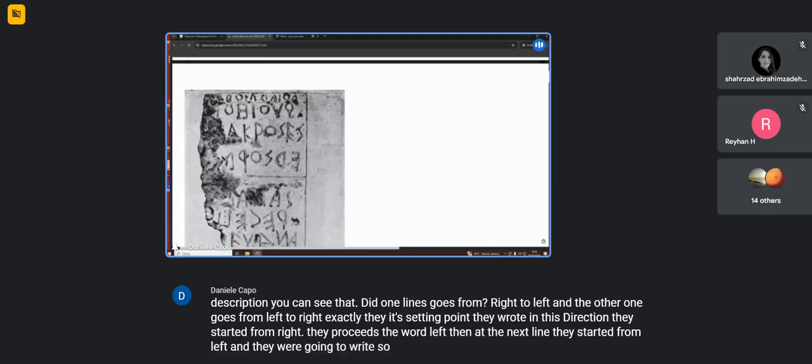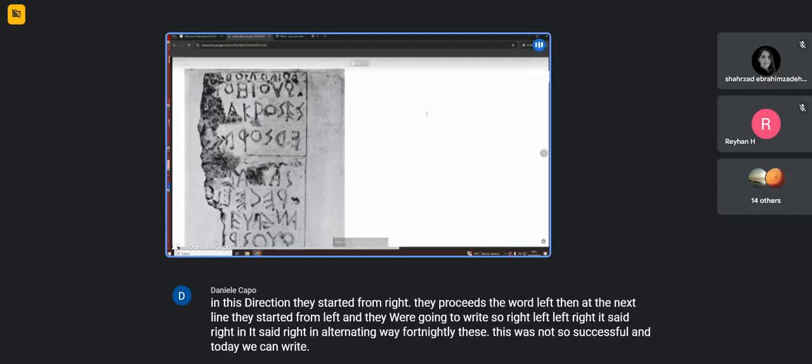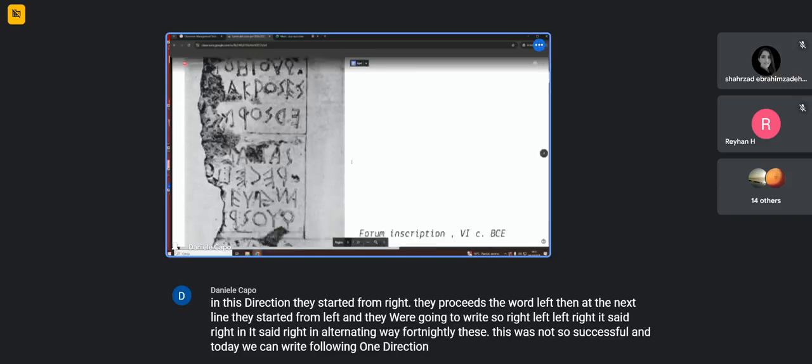So right, left, left, right, in an alternating way. Fortunately, this was not so successful, and today we can write following one direction.